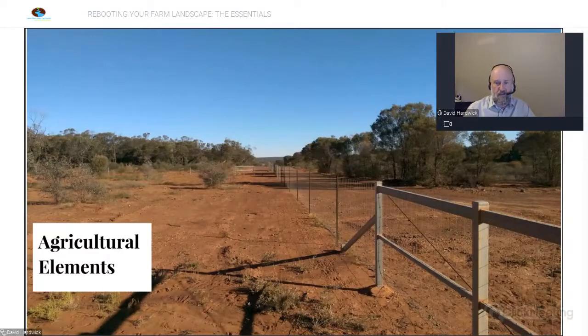So those things, humans come along and plop them in the landscape, and of course that influences not only your enterprise and how you move around your property, for example, but it also influences nature, not just animals and plants, but the way nature interacts with your enterprise.